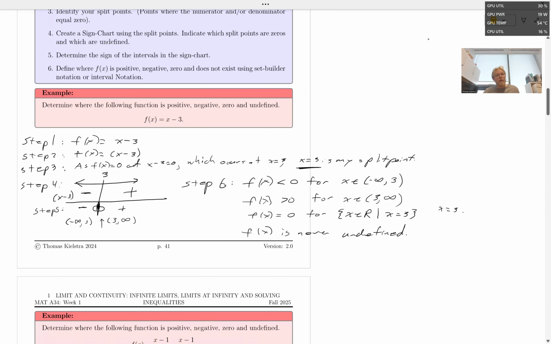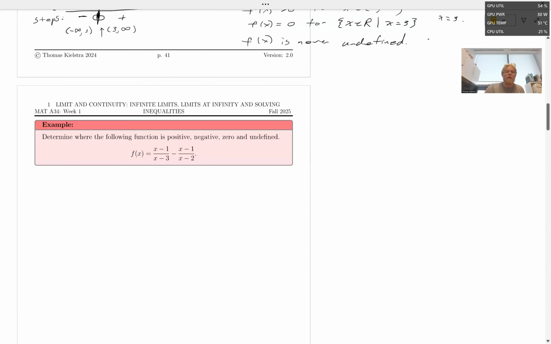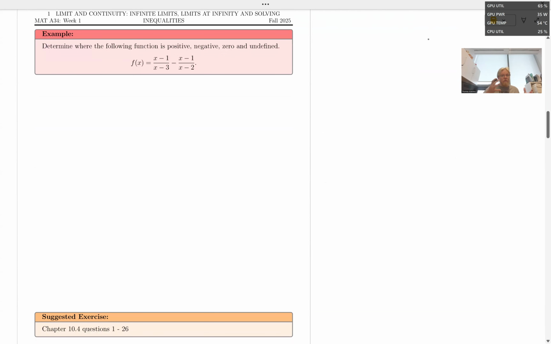Now this might seem like a really simple question, but we can make it feel much more complicated, but the steps don't change. So we give you this fraction question. We got a difference of fractions and we got to deal with it. Well, my step 1 is create a common denominator.